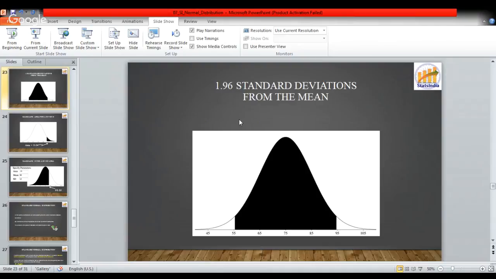But if we want to find exactly 95% of the observations, then we have to take mu plus or minus 1.96 sigma. So it contains exactly 95% of the observations within this range.